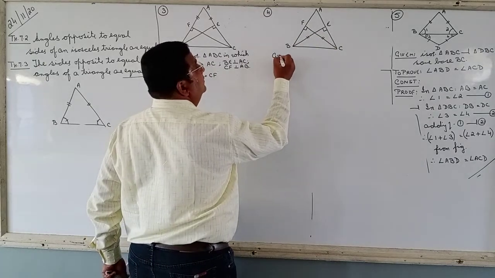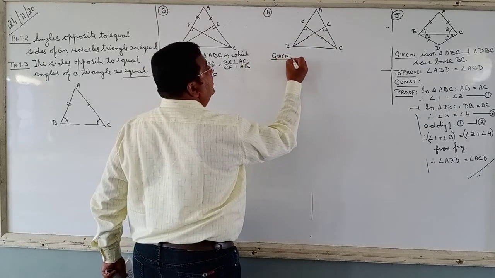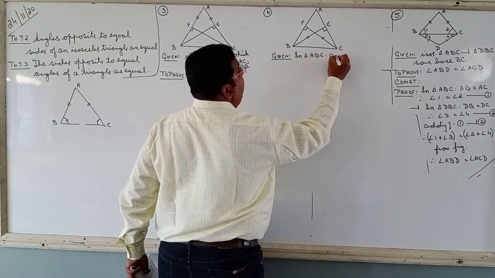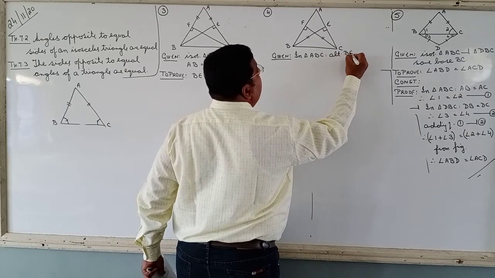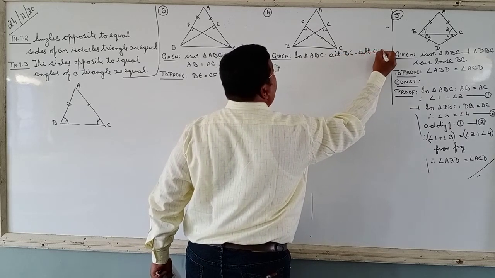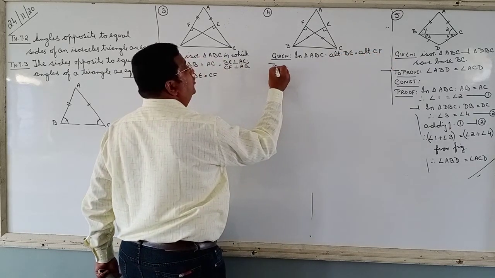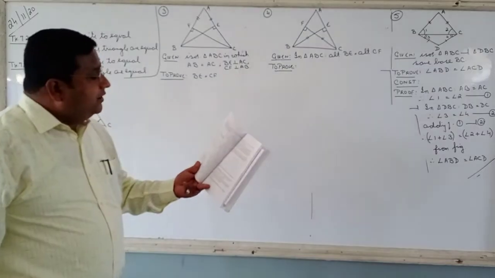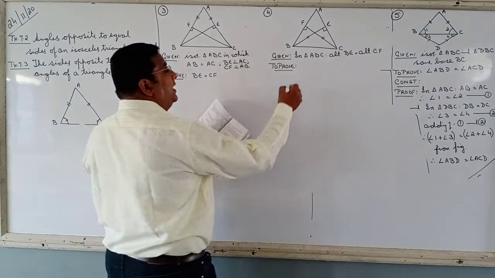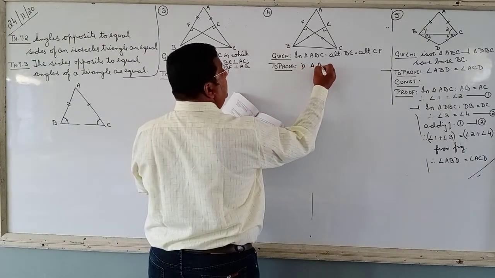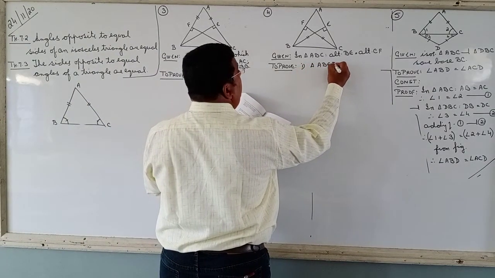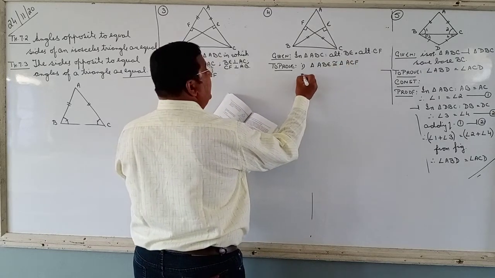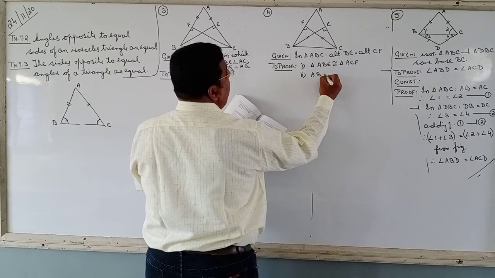What is given? In triangle ABC, altitude BE is equal to altitude CF. And what you have to prove? Read it carefully. He wants you to prove triangle ABE congruent to triangle ACF, and secondly AB equals AC.